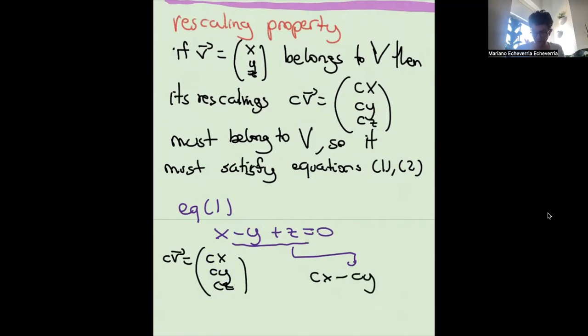And the third entry is cz, you put that here as well.